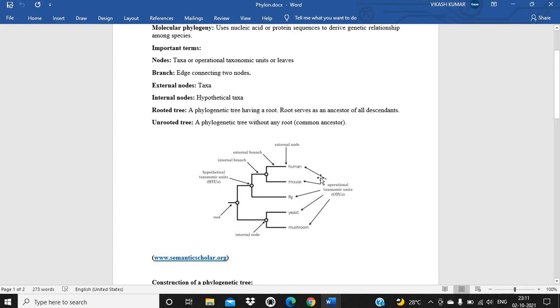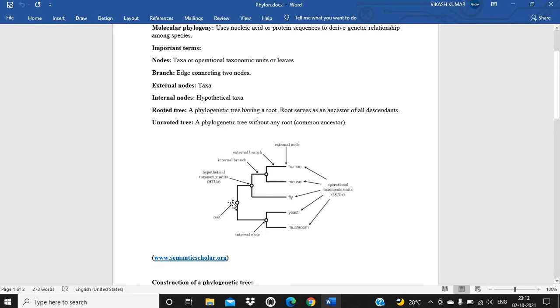External nodes represent actual organisms, and they are also called operational taxonomic units, OTUs. And these are internal nodes, and they are hypothetical taxonomic units. So these are hypothetical organisms.